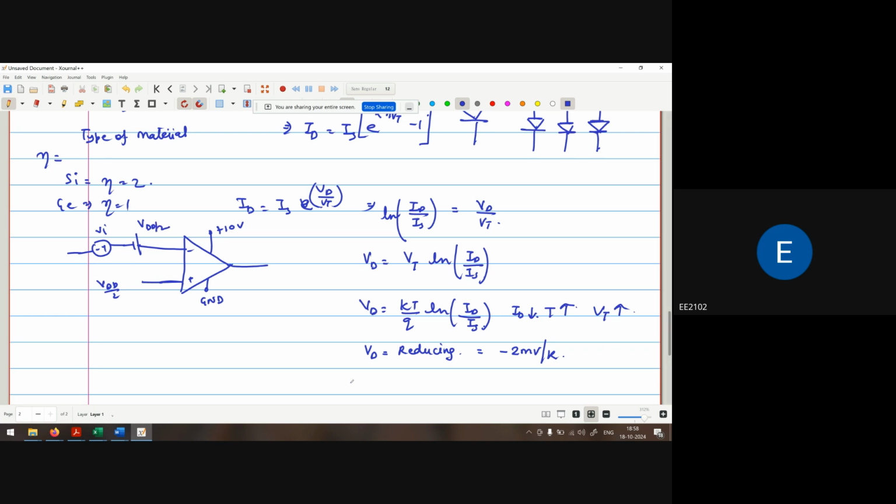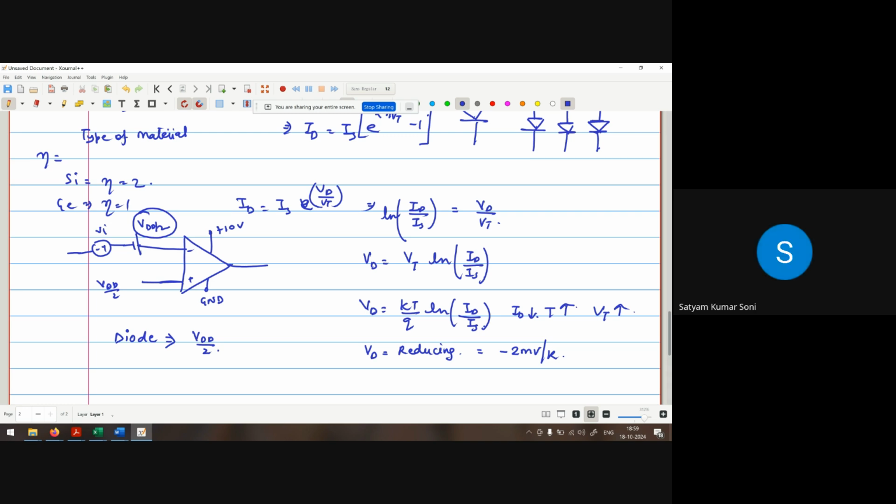If I provide this VDD by 2 with the help of a diode, there is no need of a separate battery. I can put this diode and it will behave as VDD by 2. Clear? Any doubt?